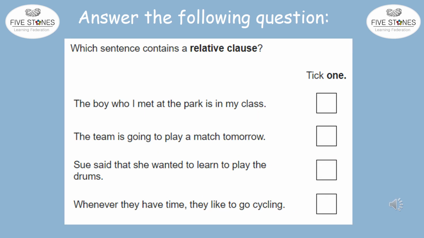Our last question, everybody. Can you identify the sentence that contains a relative clause? I'm going to give you 30 seconds to see if you can identify the correct sentence.